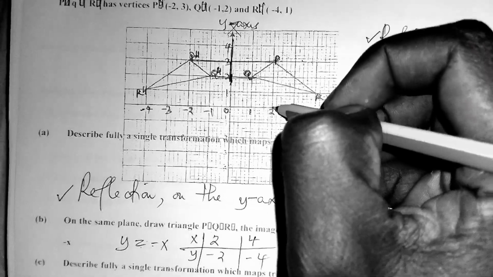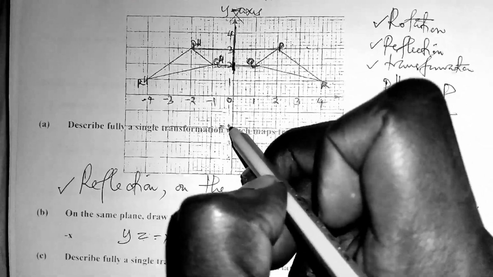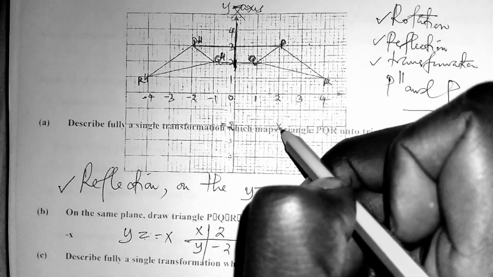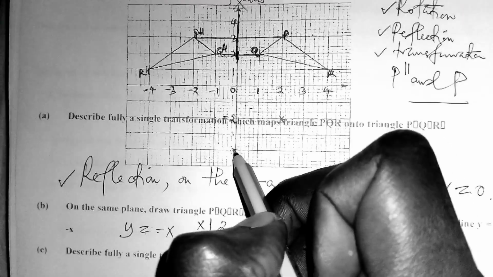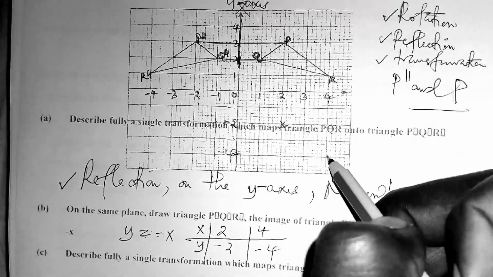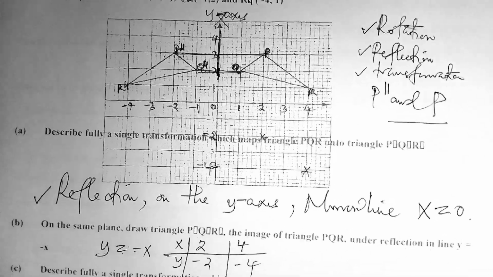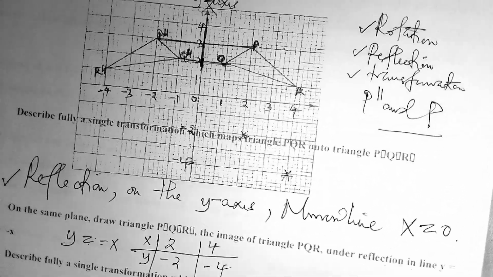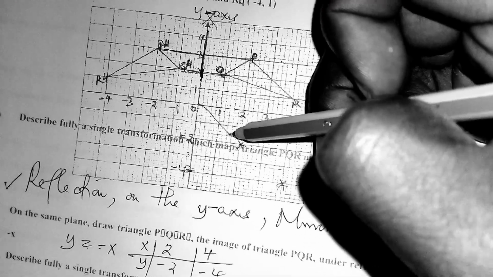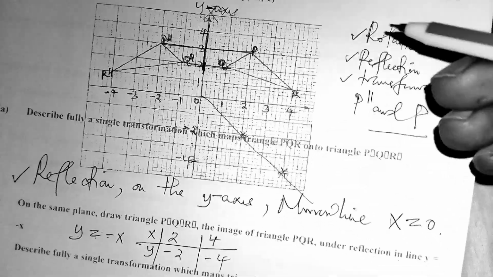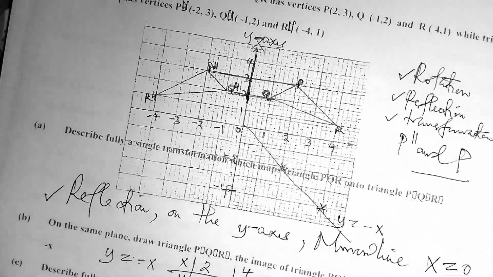So when x is 2, y is negative 2. I have negative 2 here. Then when x is 4, y is negative 4. So you have it here. So you'll have your line, the line y equals negative x.